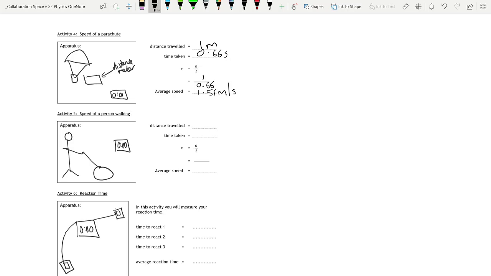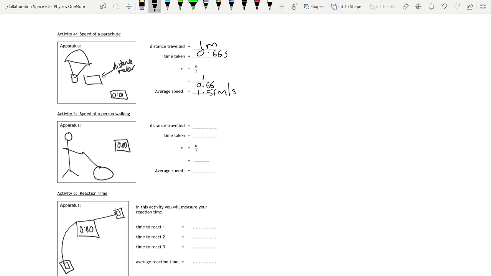Activity 5, you'll like my diagram here. Speed of a person walking. So we use a trundle wheel for this. Now a trundle wheel is sort of a wheel on a stick, and every time it turns one rotation, that's 1 meter. So some of you might have used trundle wheels in the past, some of you might not have. So what you do is every time it clicks, that's 1 rotation and 1 meter walked. So you can walk until it maybe clicks 3 times, so that's 3 meters that you've walked.